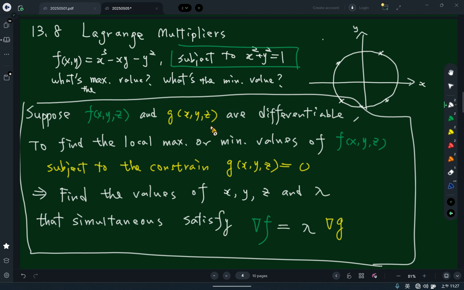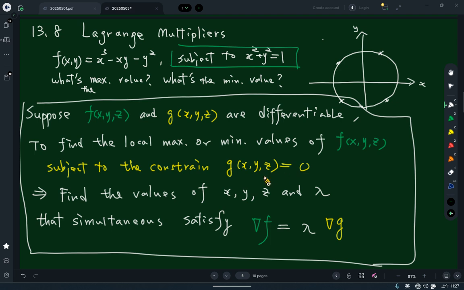So two types: one is your target, one is your constraint. Subject to means constraint. So we try to find whether f of x, y, z can provide the local maximum or local minimum values, but the constraint is g of x, y, z is equal to 0.